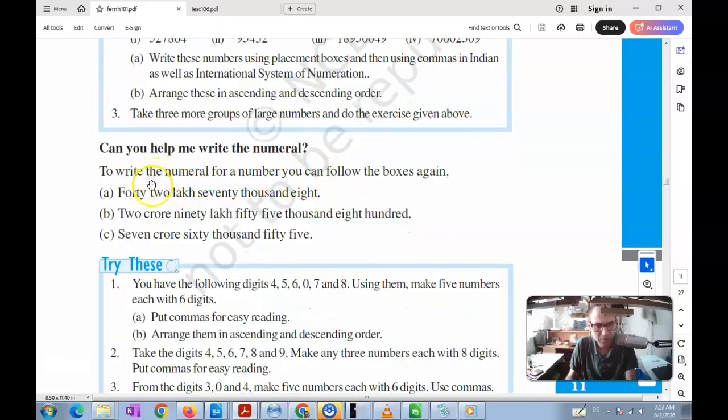And in case you follow the Indian system of numeration, you can do this exercise as well, meaning to write the numeral for a number. You can follow the boxes again. 42,70,008. That's a number in the Indian system of numeration. In case you follow the Indian system, you can do this as well.